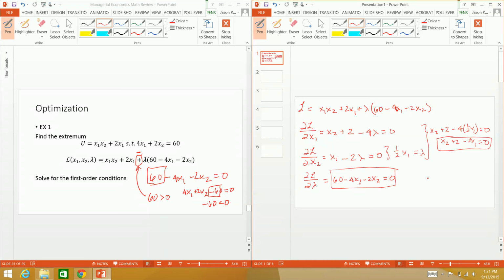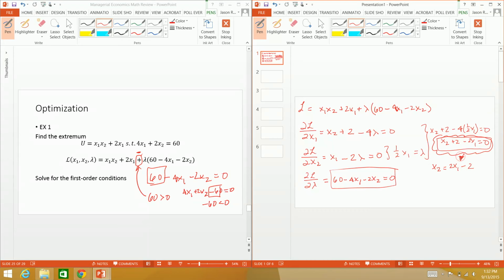So if we're going to do that, we have our new set of equations that we're going to work with. But first, in order to eliminate the next variable, I want to solve this equation again in terms of either x1 or x2. I'm going to say that x2 is equal to 2x1 minus 2. Okay?